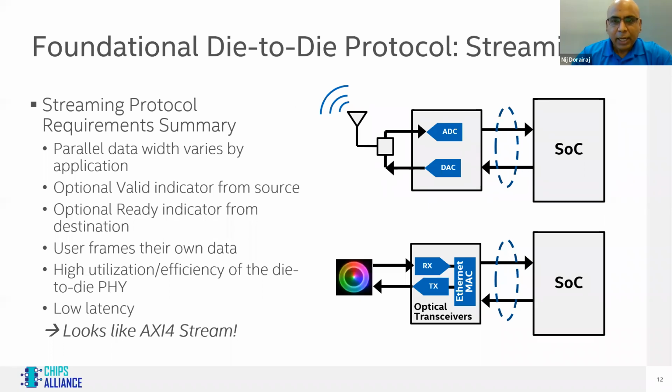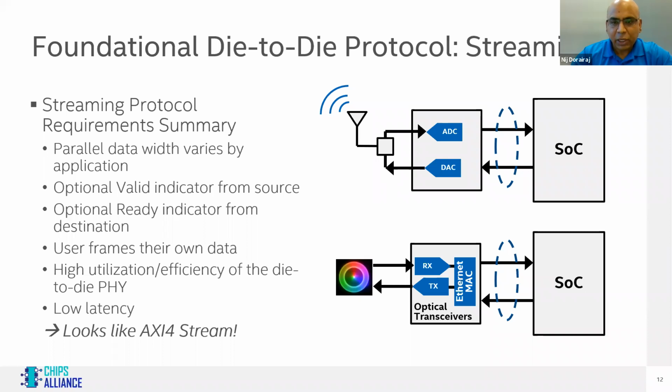Next slide. So now I'll jump into talking about how the die-to-die connectivity is usually done. There are 2 broad protocols to connect die-to-die. I'm showing here a streaming protocol. There are 2 examples on the right side. I'm showing an ADC or a DAC converter connecting to an SoC.